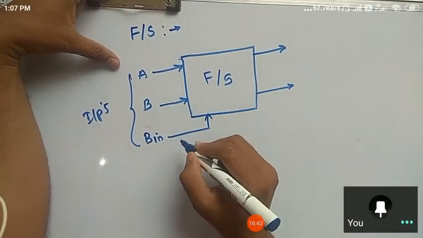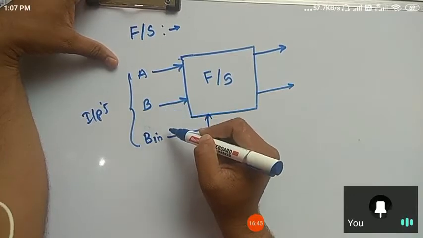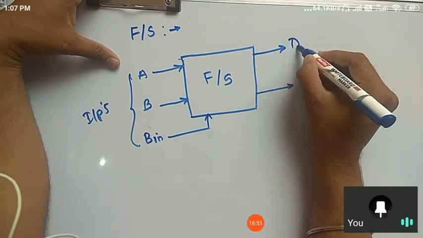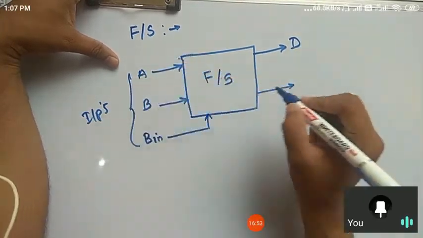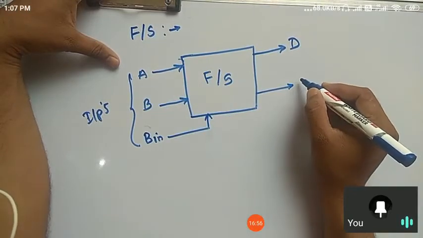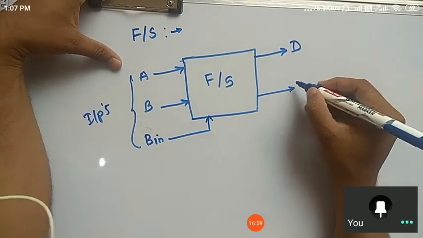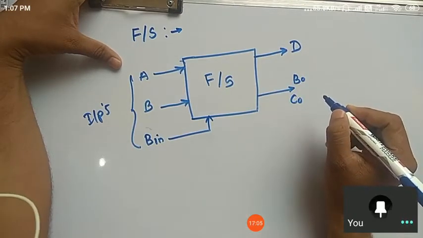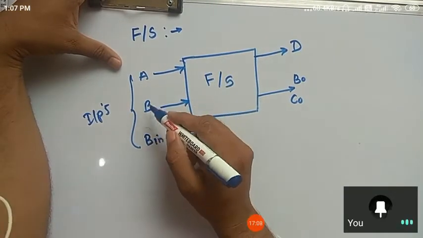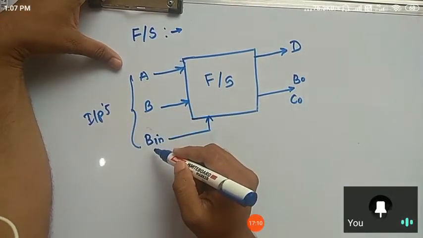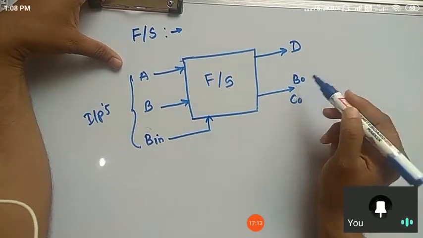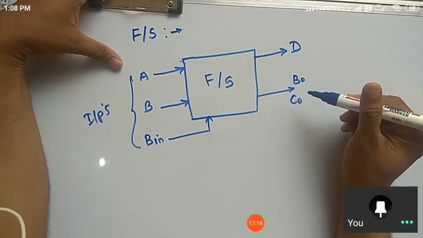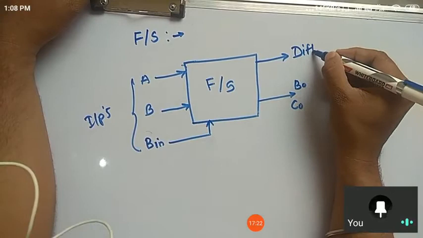This is the full subtractor, so more than 2 bits, that is 3 input bits, and the result will again give the difference between all these 3 bits, and obviously there will be a borrow out. So this is your borrow out. For simplification you can write it as C0 also, because this is somewhat confusing. A, B are inputs, and we have taken B in as an input, and we are saying B0 as output. Whatever you require, this one is simple, so you can note it as you wish. Okay, but don't get confused.